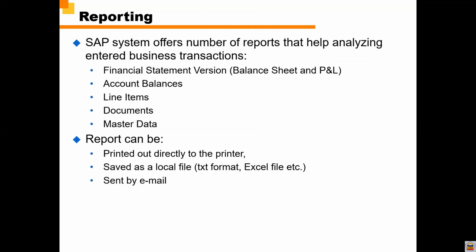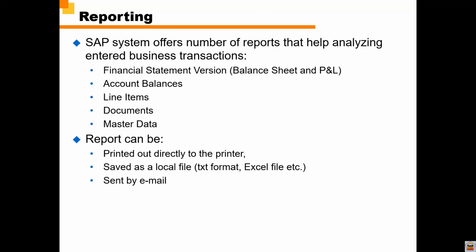Then we need to pull out the reports from the system. These reports could be related to the profit and loss, balance sheet report we can pull out from the system. Account balances we can pull out for cash, non-cash GLs. Then line item data we can also have for open items.